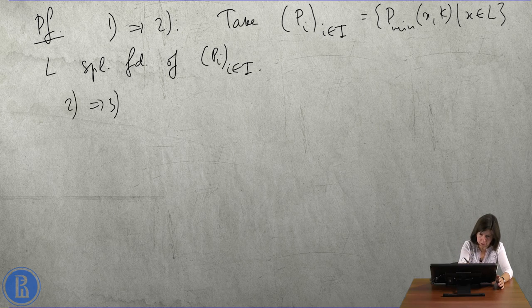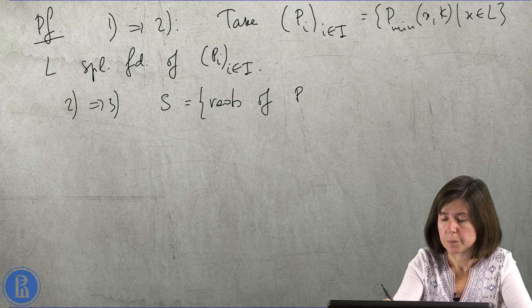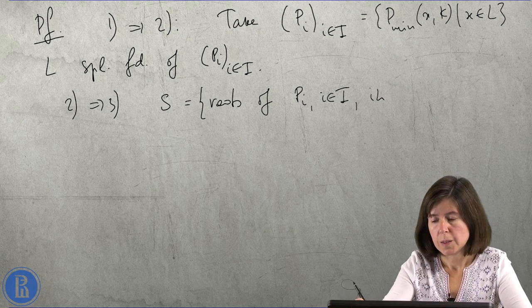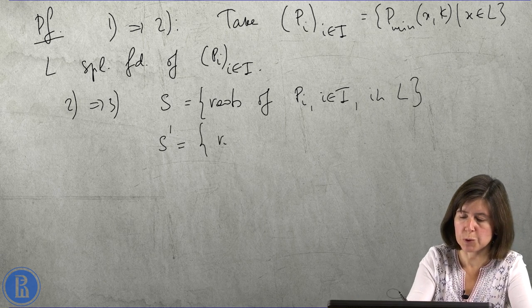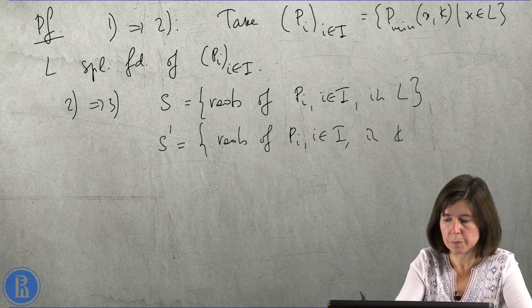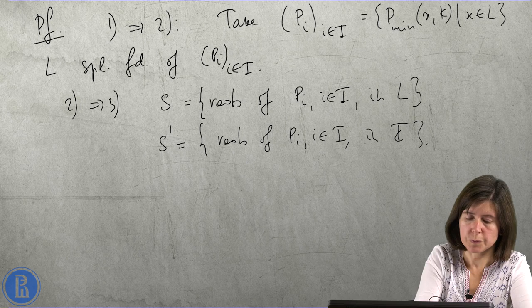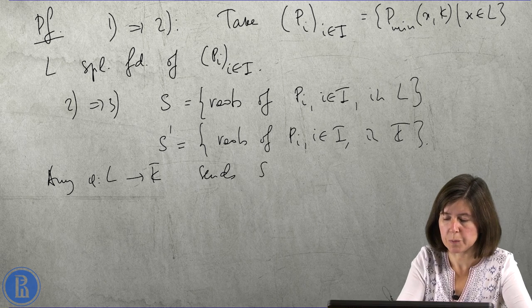So if S is the set of roots of P_i in L, and S prime is the set of roots of P_i in K bar, then any homomorphism must send S to S prime.